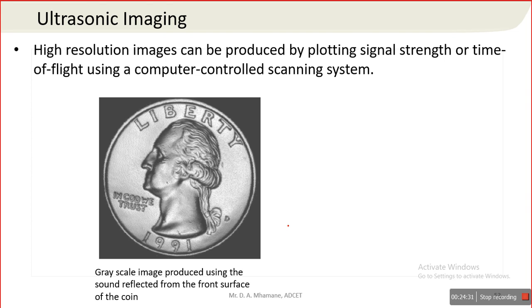This is another advanced technique, which is computer controlled. A high resolution image can be produced by plotting signal strength or time of flight, TOF, using a computer controlled scanning system. The first image shows the grayscale image produced using the sound reflected from the front surface of the coin. As far as the reflection of sound from the coin is concerned, the system gives us an appropriate image.